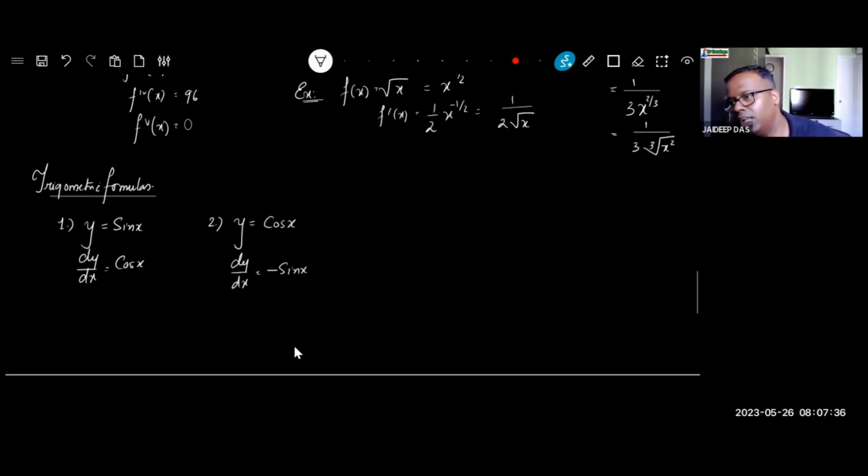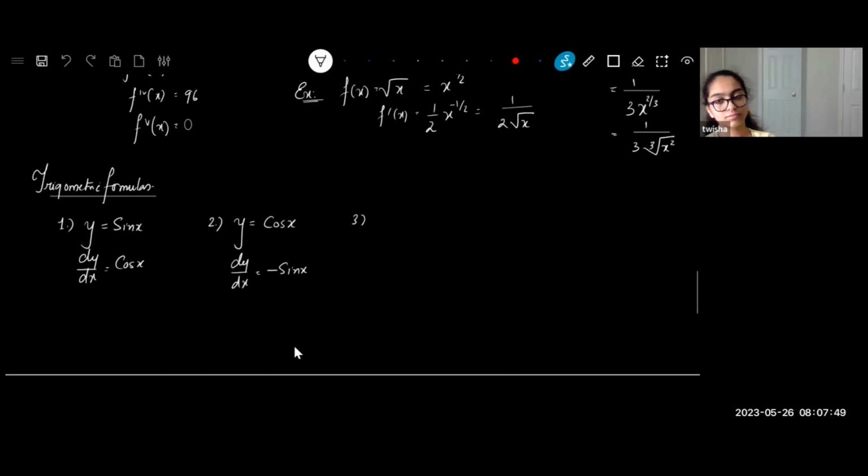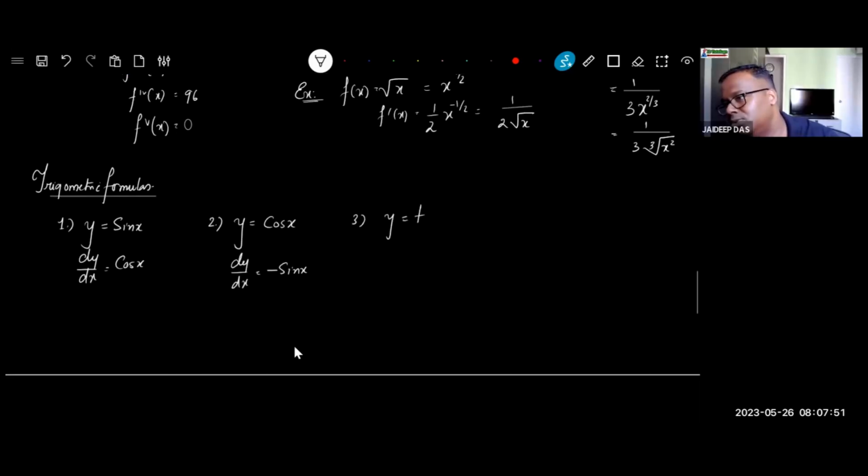Cos in whole calculus is very bad. Cos will always turn everybody negative. Remember this word of mine. Cos is bad. Cos will turn everyone negative. Third formula. y is equal to tan of x, dy by dx is equal to sec square x.